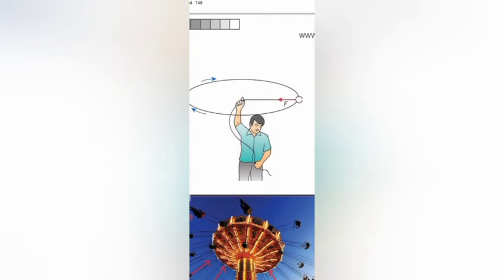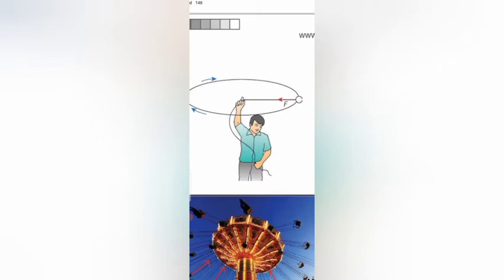First, see these two diagrams. In the first diagram, a stone is tied to a string held by a man. In the wheeling motion of a stone tied to a string, the centripetal force on the particle is provided only by the tension force in the string.